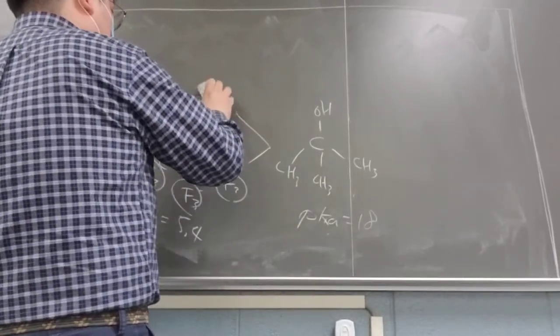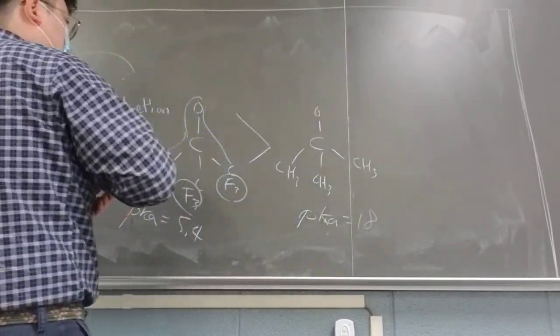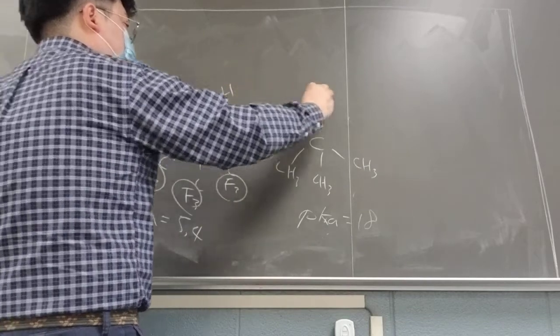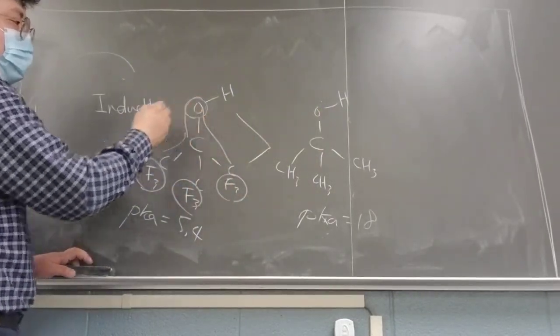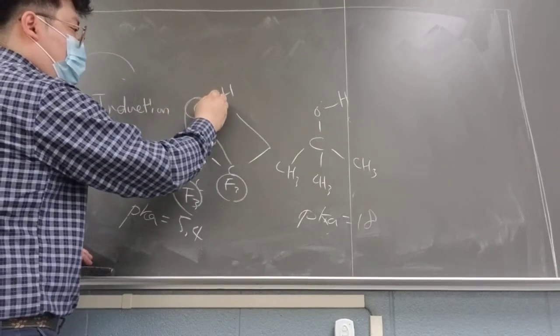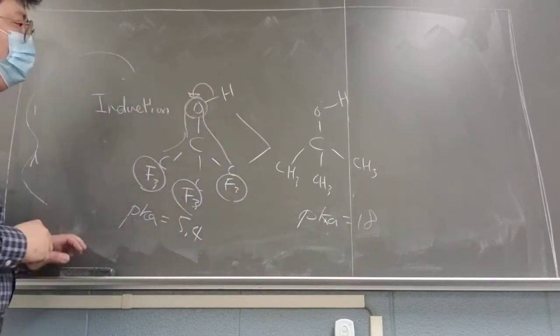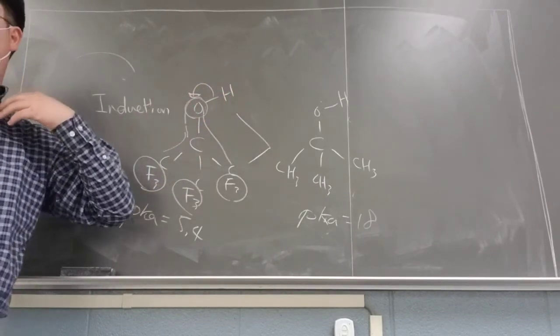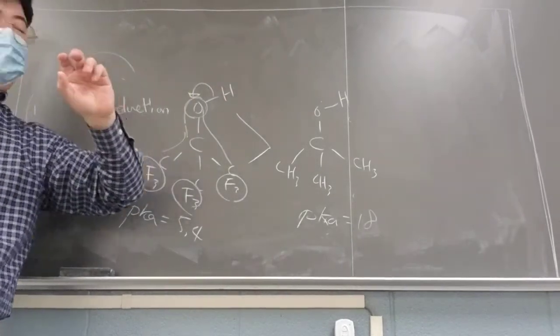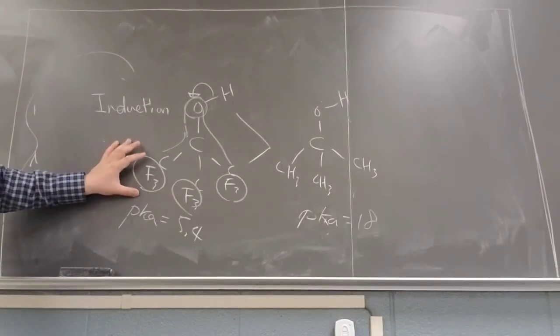So if you take a closer look, it will be easier for this oxygen, with a stronger force to attract those electrons shared in the covalent bond between these two, to detach the proton away. That makes it the stronger acid.